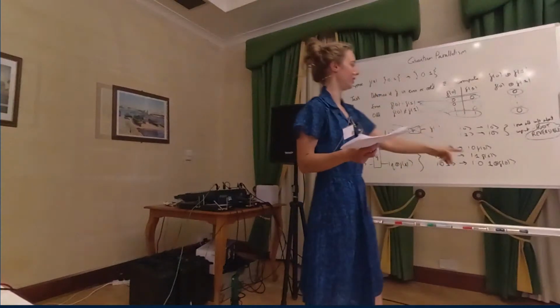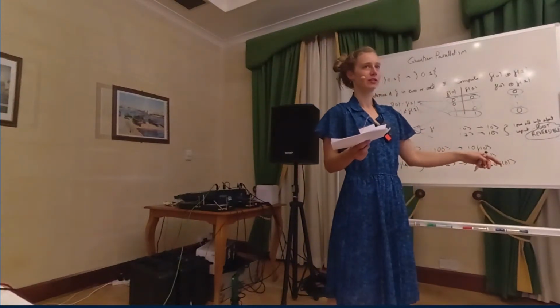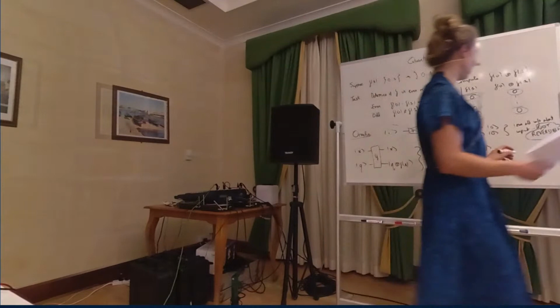Okay, and we're working with a binary function here. F of 0 can only be 0 or 1. I'm just going to use an overline to denote that.